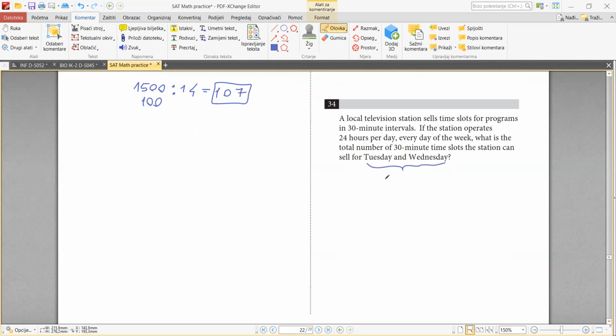So we have 2 full days times 24 hours, which is equal to 48 hours. And now we can divide 48 hours by the length of those time slots. The length is 1/2 of an hour. So 96 is the total number of 30-minute time slots the station can sell for Tuesday and Wednesday.